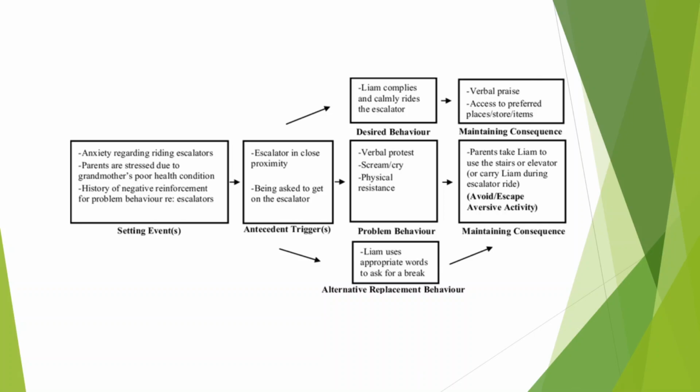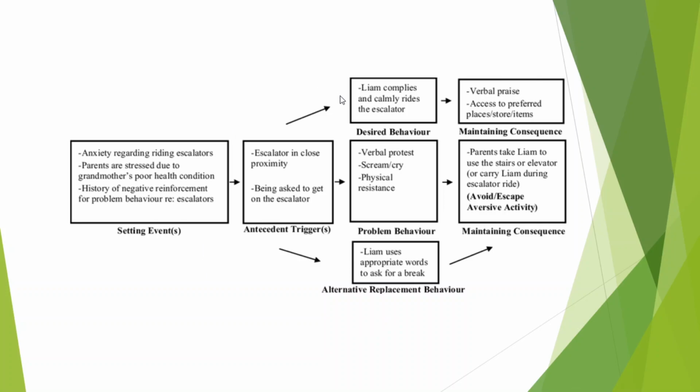Now let's look at first the alternative replacement behavior. Here, the alternative replacement behavior is that Liam uses appropriate words to ask for a break. This replacement behavior is better than the problem behavior because it's more socially acceptable, and it's teaching Liam how to appropriately request for his needs. So this is the short-term goal.